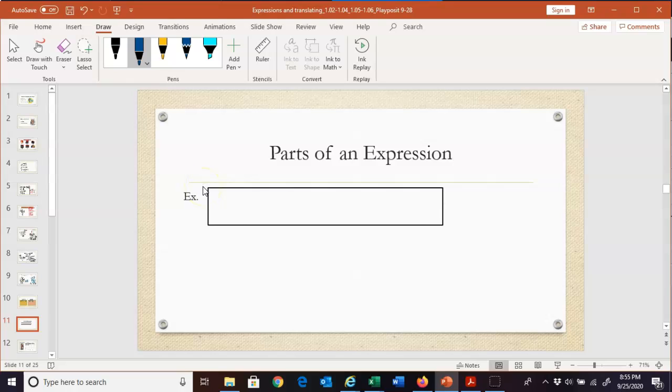So let's talk about the parts of an expression. I'm going to put an example here. Here we go. So the first thing I want to show you guys is we have terms. This has 3 terms, this expression. Terms are separated by addition and subtraction.